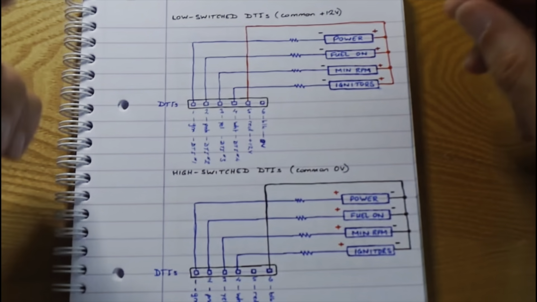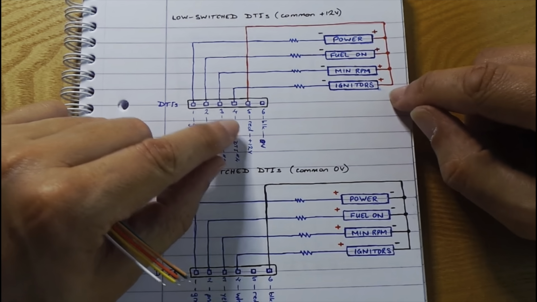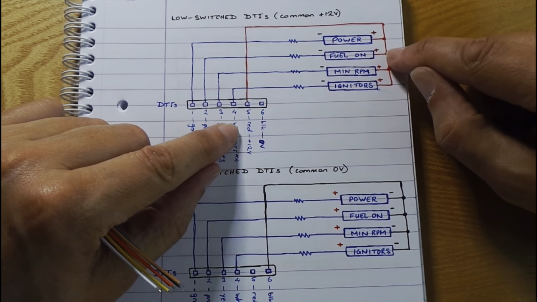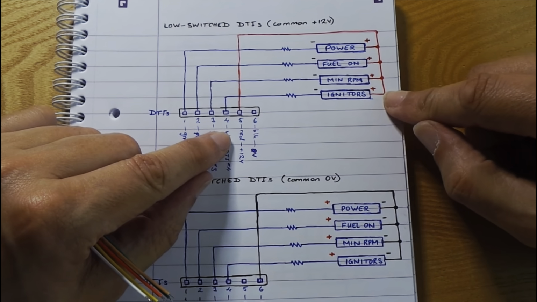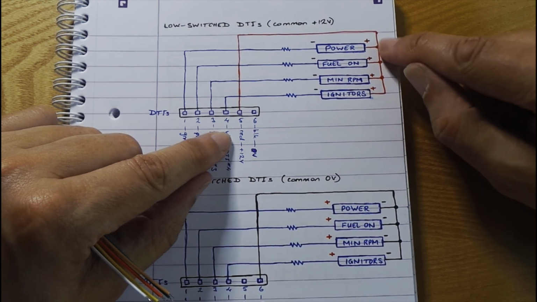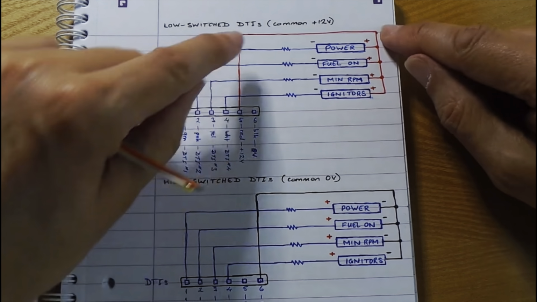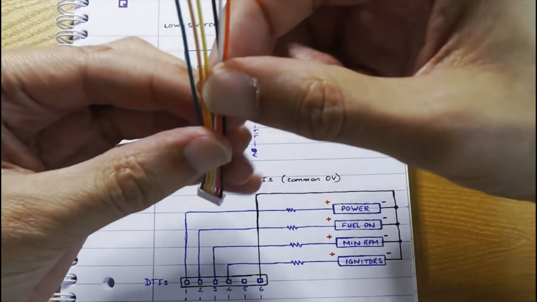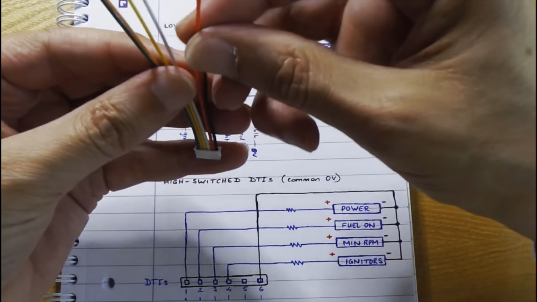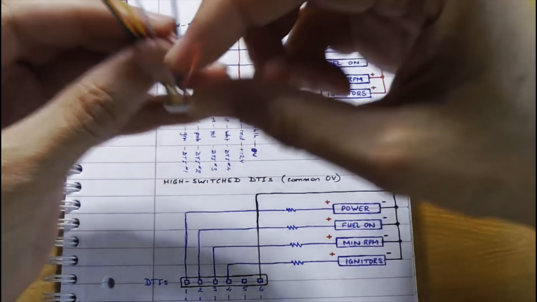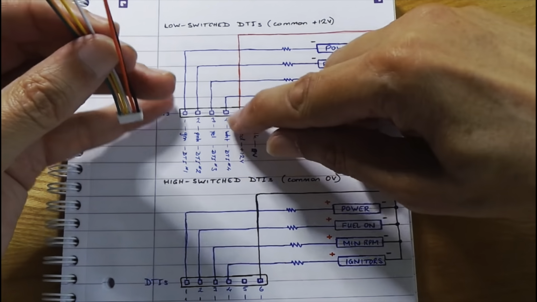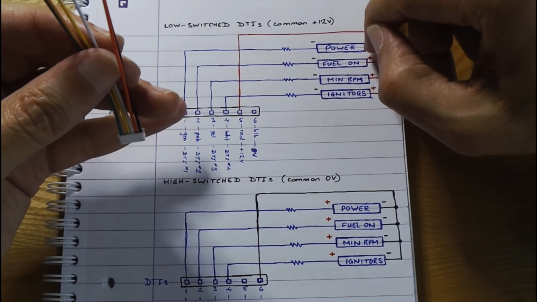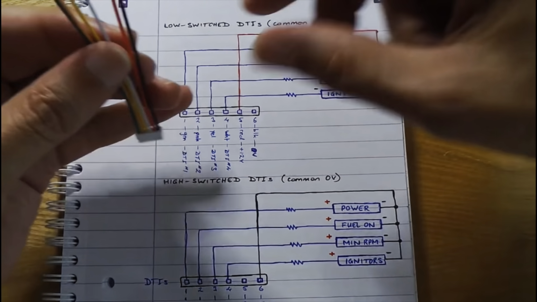Okay, so the usual configuration is a common high side, which means that one side of all of the dash top indicators is joined together and connected to the positive supply, which comes out on pin 5, the red wire on here, and then the other connections on pins 1, 2, 3 and 4 drive the individual dash top indicators by switching low.